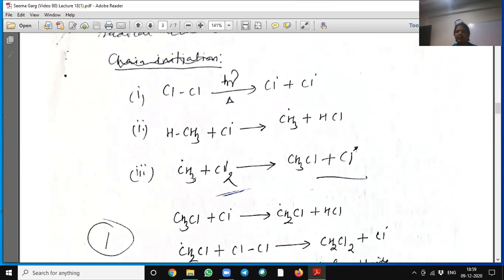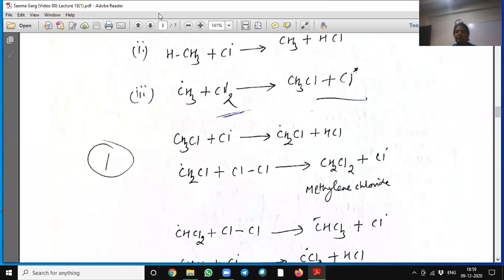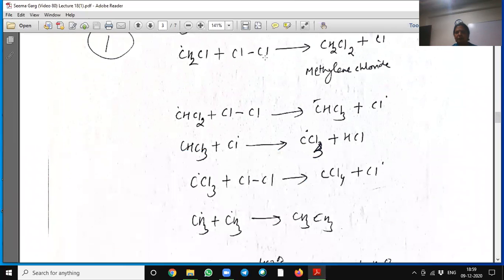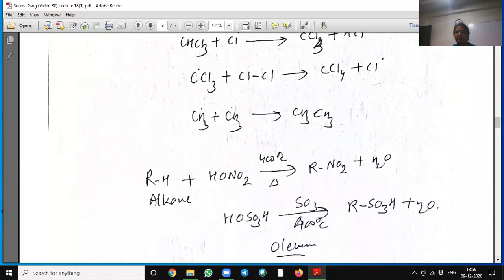And this methyl free radical will react with another molecule of chlorine in presence of UV light. It will form methyl chloride and chlorine free radical. See here, methyl chloride. And this methyl chloride again does substitution reaction and forms further products. In termination steps, they combine and form neutral molecules.